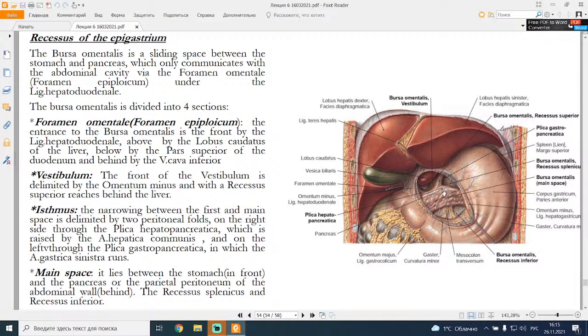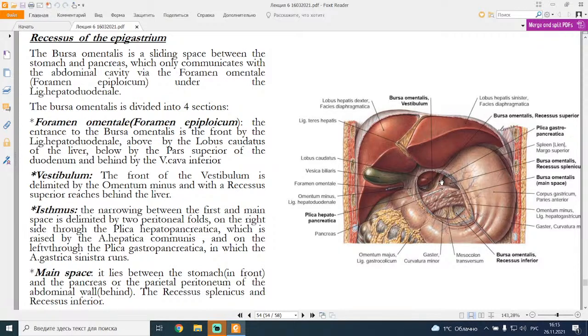On the right side, the plica hepatopancreatica, which is raised by the arteria hepatica communis, and on the left the plica gastropancreatica, in which the arteria gastrica sinistra runs.